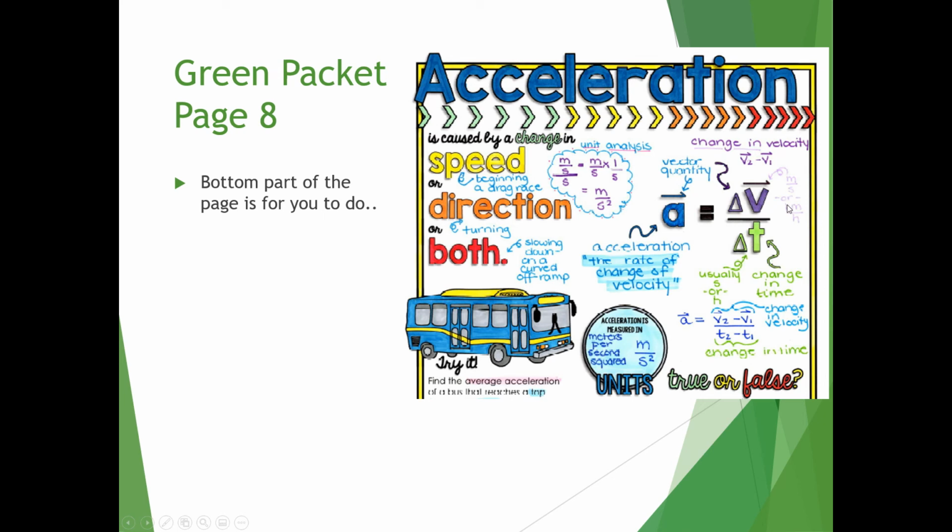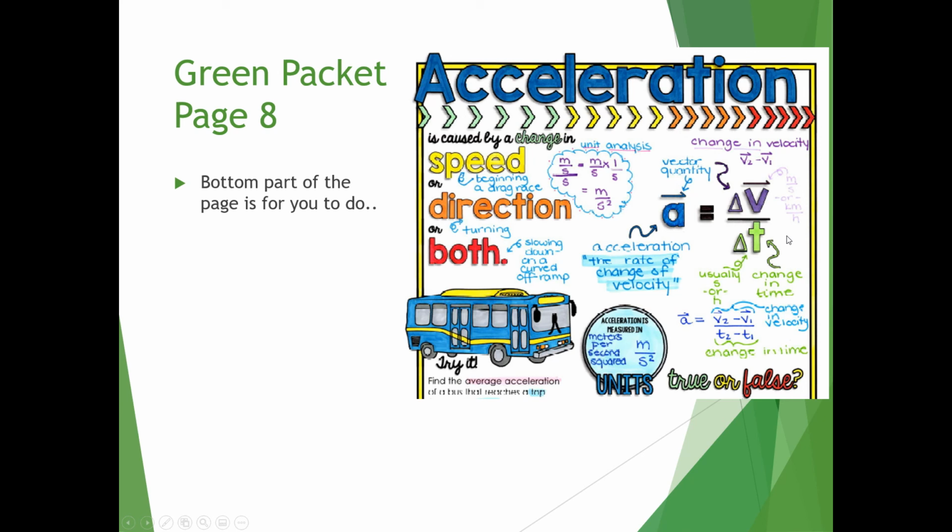You can have things like meters per second or kilometers per hour for your change in velocity. Time is usually seconds or hour, and this means change in time. So you've got a change in velocity over a change in time. And so acceleration is known as the rate of change of velocity. Anything you have that is divided by the time frame, it's going to be a rate of change.